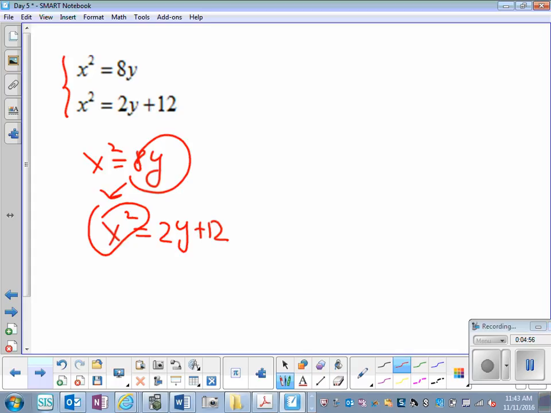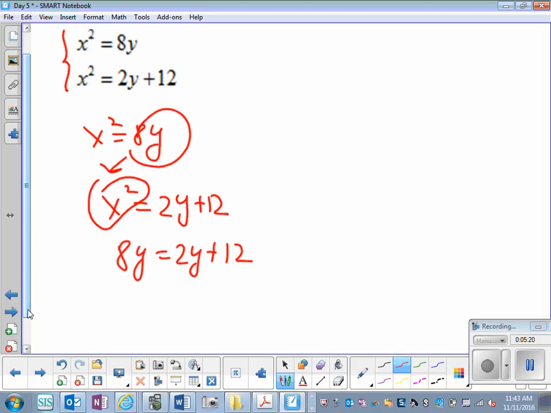Can I do that? Again, x squared is isolated, not my variable x, and then I substituted 8y for x squared in the second equation. So I rewrite 8y equals 2y plus 12. And now I can solve for y.